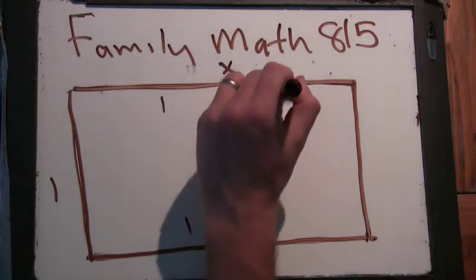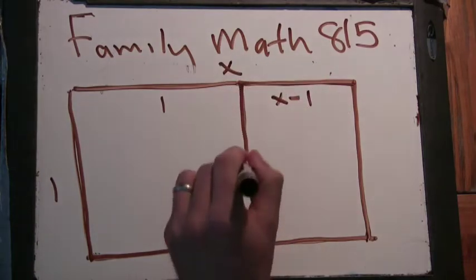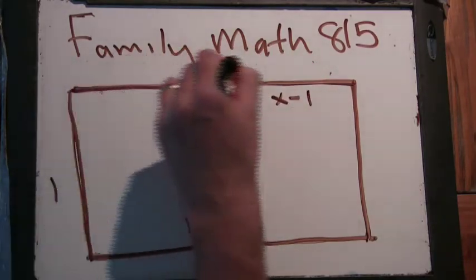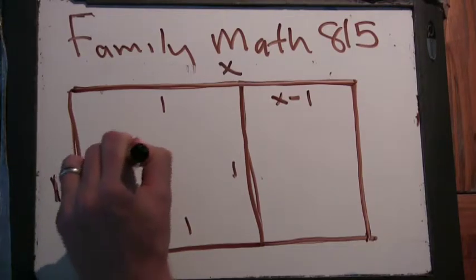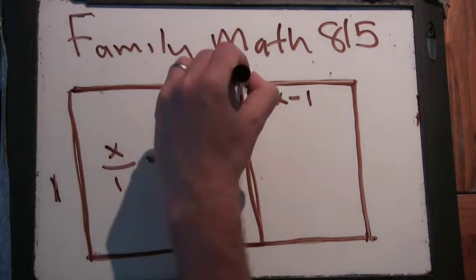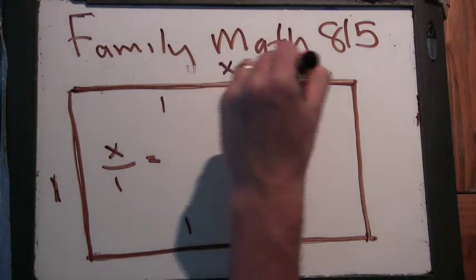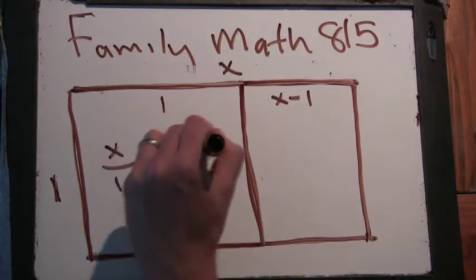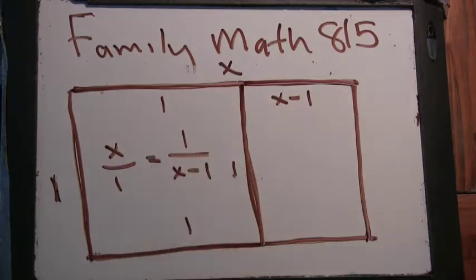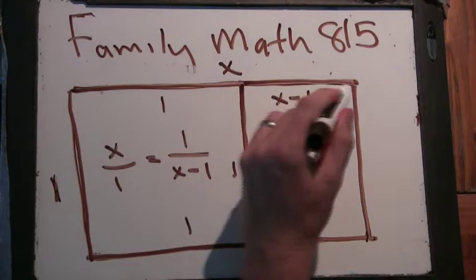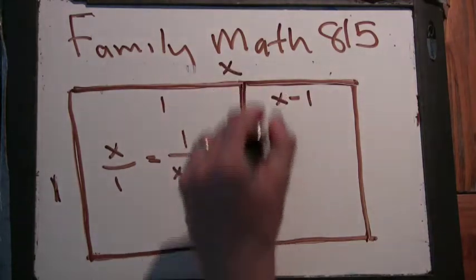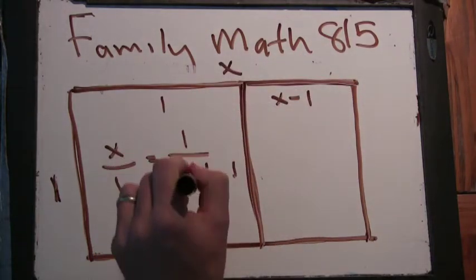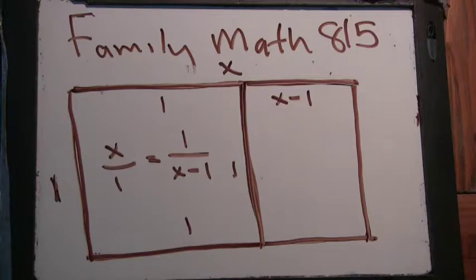Okay, so this is x minus 1. So x, the long side to the short side, is x to 1 equals here, the long side to the short side, 1 over x minus 1. So the ratio of the long side to the short side, x to 1, equals the ratio of the long side to the short side, 1 to x minus 1, right away.